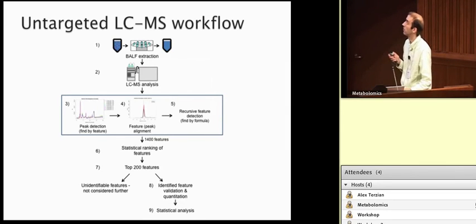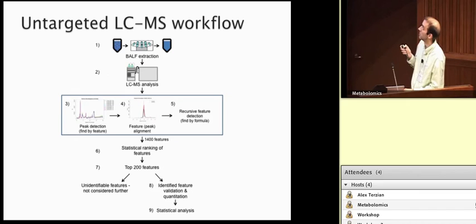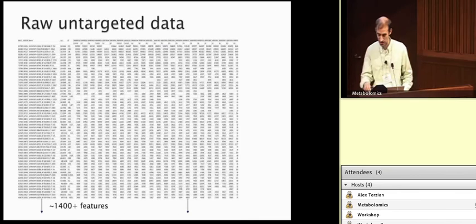Our untargeted workflow is very similar to what we already described. We extracted our samples, did peak detection, feature alignment, recursive feature detection. We had about 1,400 features from this data set. We took the top 200 differentiating features from one group to the other, and we identified and validated features and did some statistical analysis.